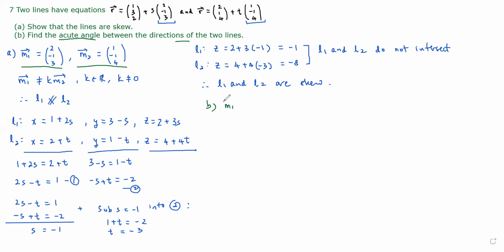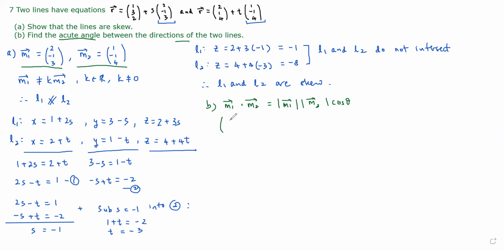The dot product of the direction vectors is given by the magnitude of the direction vector of line 1, times the magnitude of the direction vector of line 2, times cosine of the angle between these two direction vectors.